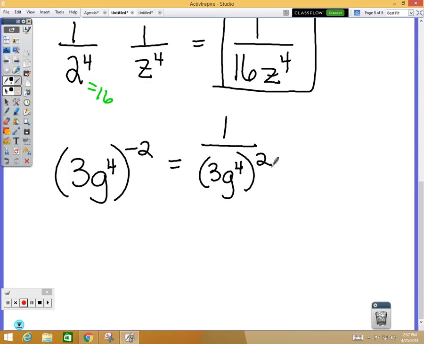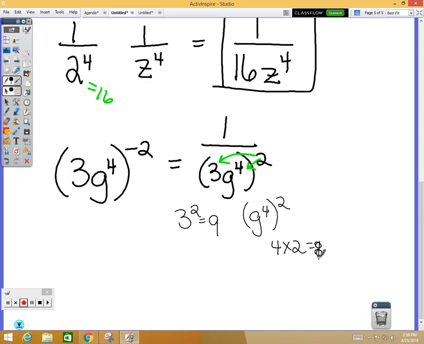Okay? And then we are distributing that 2, so 3 to the second power, g to the fourth to the second power. So 3 to the second power equals 9, and g to the fourth to the second power, that'd be 4 times 2, which is 8.